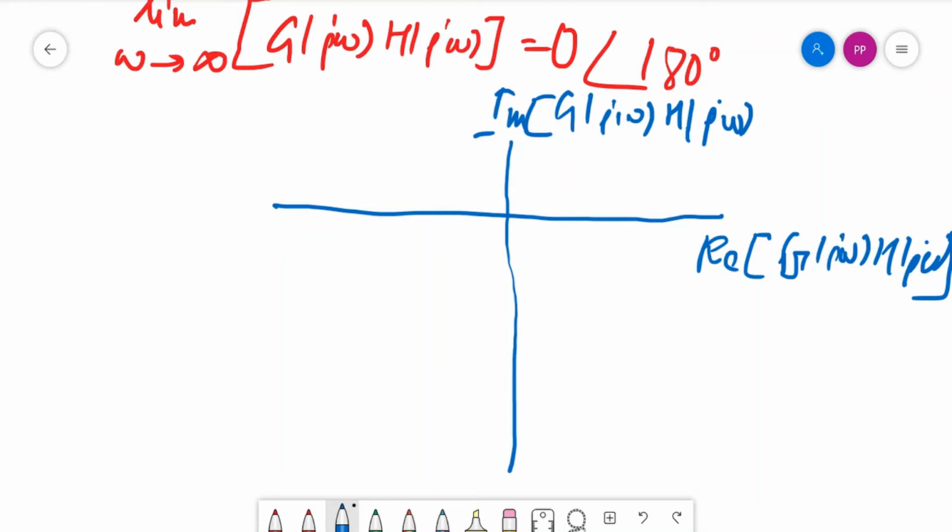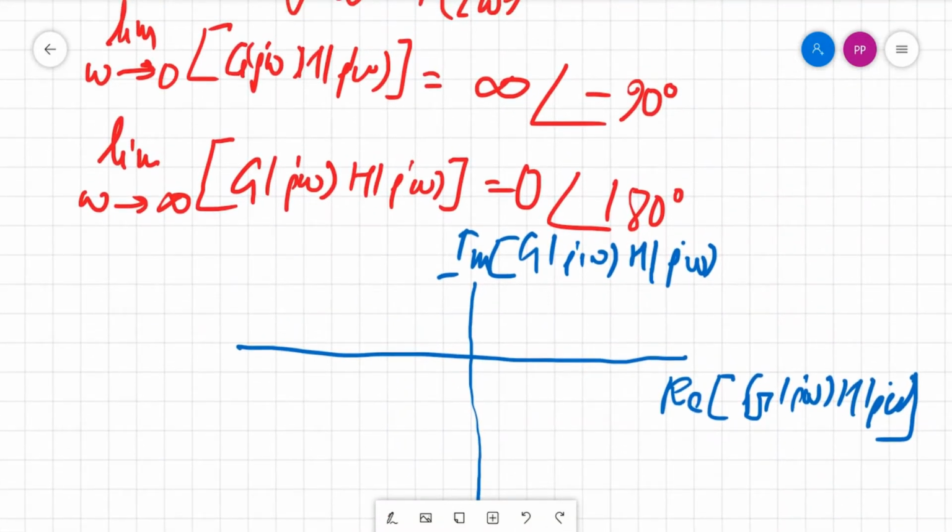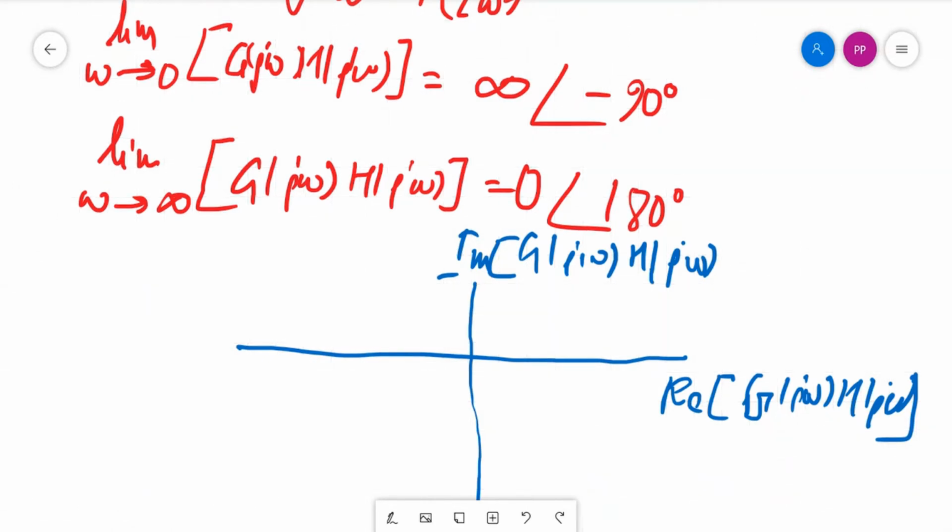So for omega equal to 0, as we have seen, the magnitude is infinity but the angle is minus 90 degree. Here you can see the angle is minus 90 degree and omega equals to infinity.